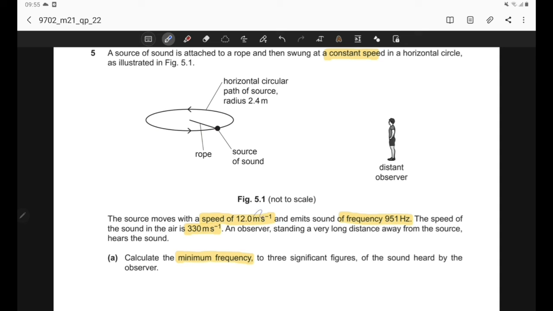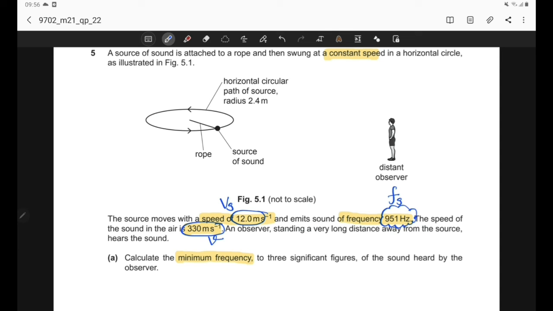Here the speed of the source is given, that we can represent with Vs, and the speed of sound in air is also given, we can represent with V, that is 330. Then the emitted sound has a frequency of 951. So that is the original frequency of the sound. We can represent it with the letter Fs, source frequency.